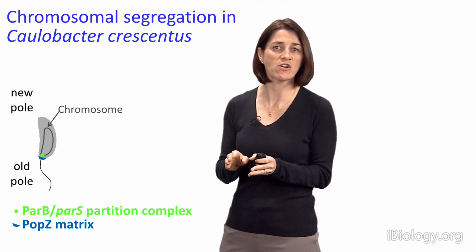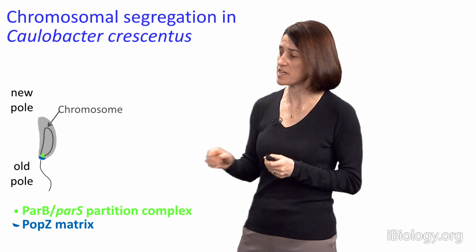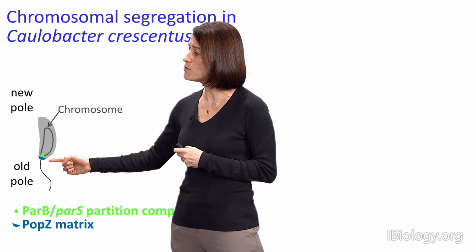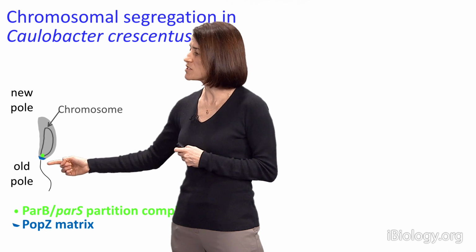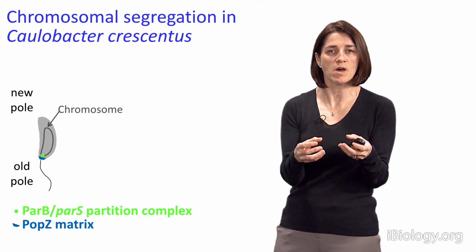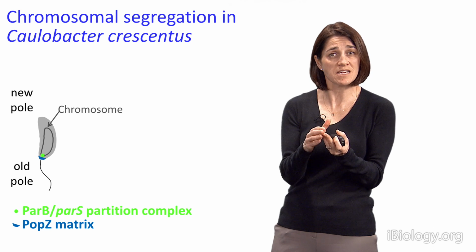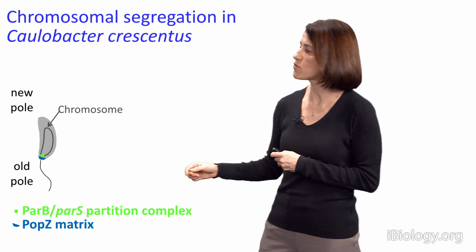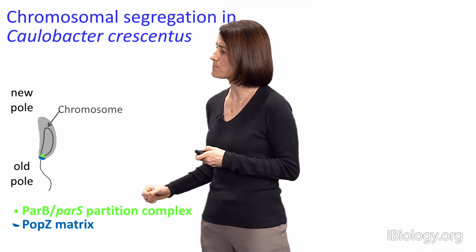It's actually tethered to the end of the cells there because ParB is going to physically interact with another protein called PopZ, which is located at that end of the cells. So PopZ is a protein that multimerizes, forms a matrix at the end of the cells, and it's sticky. It's going to bind to ParB and thereby tether the chromosome at that end of the cell.